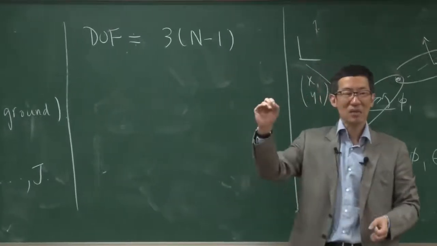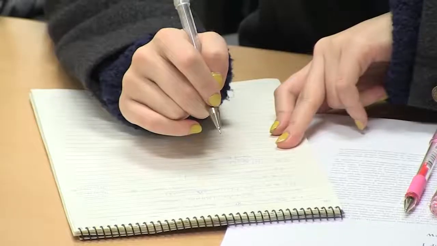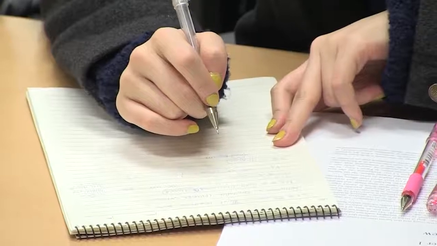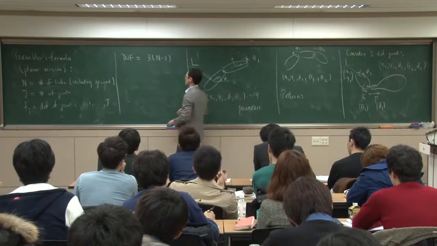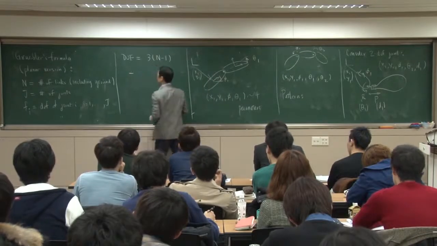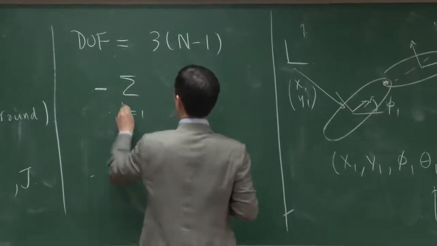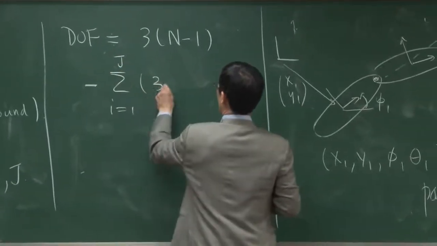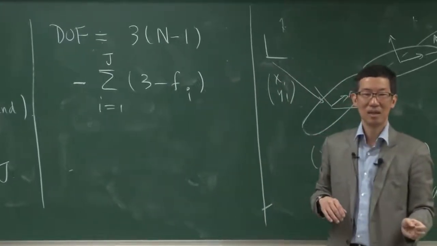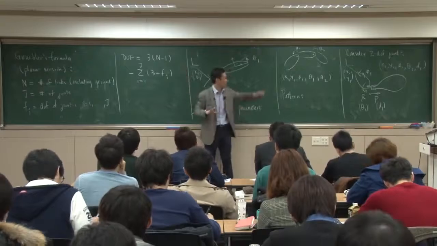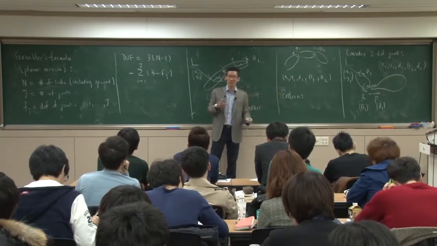Now every time you see a 1 degree of freedom joint, the total degrees of freedom goes down by 2. For a 2 degree of freedom joint, the total degrees of freedom goes down by 1. So minus the summation from i from 1 through j, 3 minus f sub i. So this formula captures the reasoning that we described earlier.